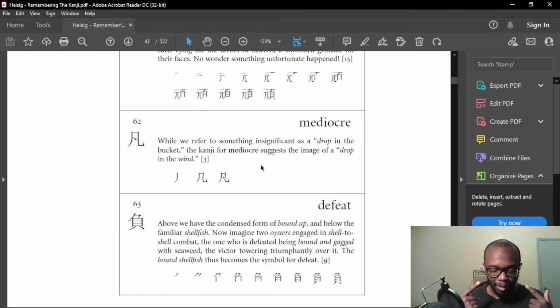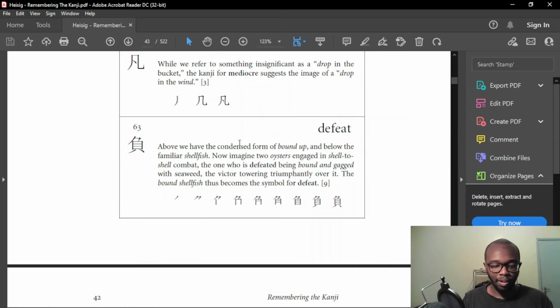So that's what comes to my mind. So a drop in the wind is basically like a drop of turd in the wind, which is mediocre. It's very mediocre of a person.